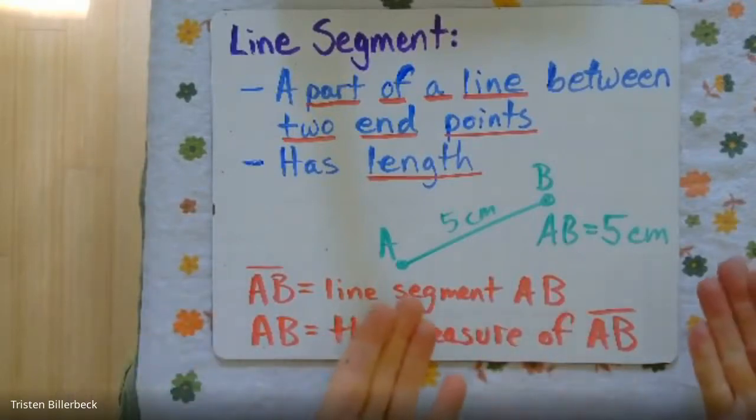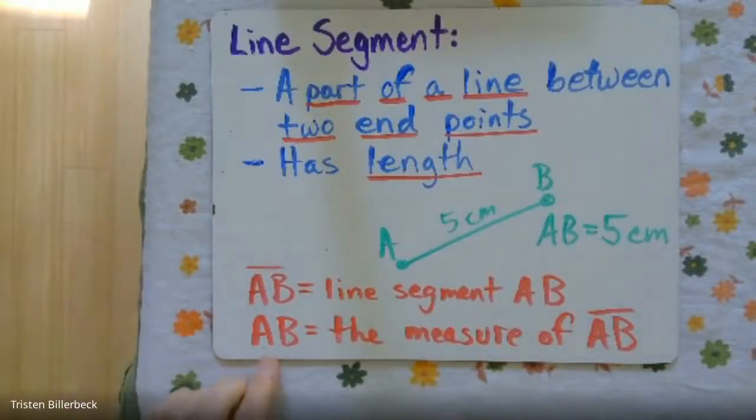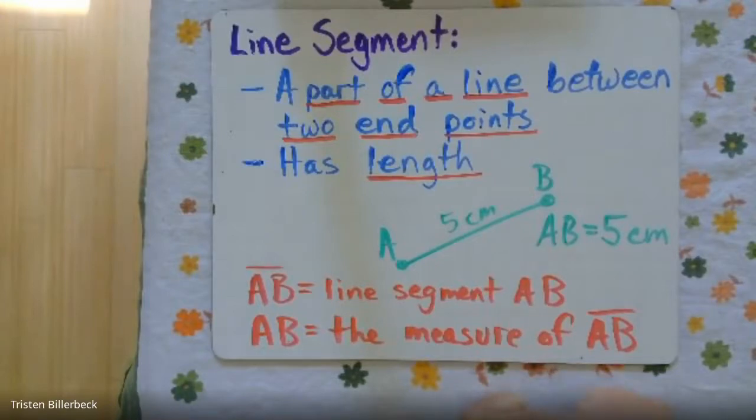That's a thing, like Ms. Billerbeck is a person. AB without a line over it means the measure of line segment AB. So Ms. Billerbeck is 5'2", and I think I'm still 5'2.5" tall.